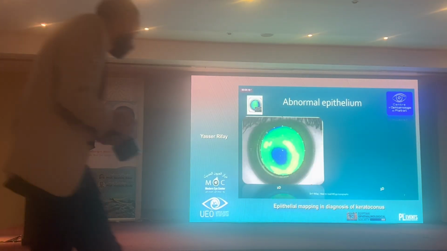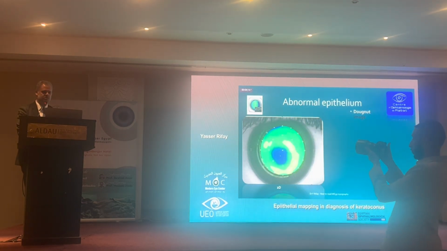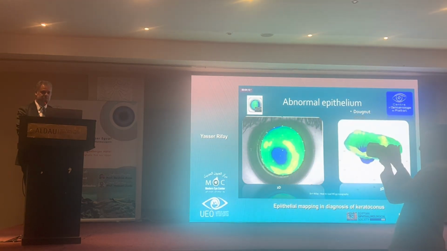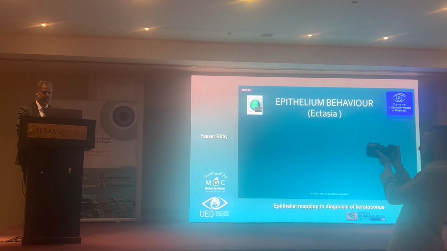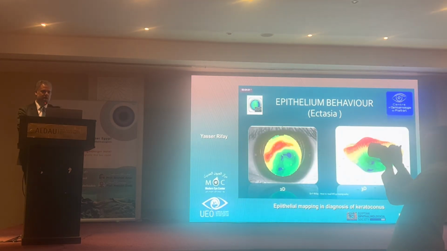Abnormal epithelium in keratoconus is a donut image. This image is in 3D. We have thinning in the center and thickening around. And here we have thinning on one side and thickening on the other side, and it represents the opposite shape of the keratoconus.